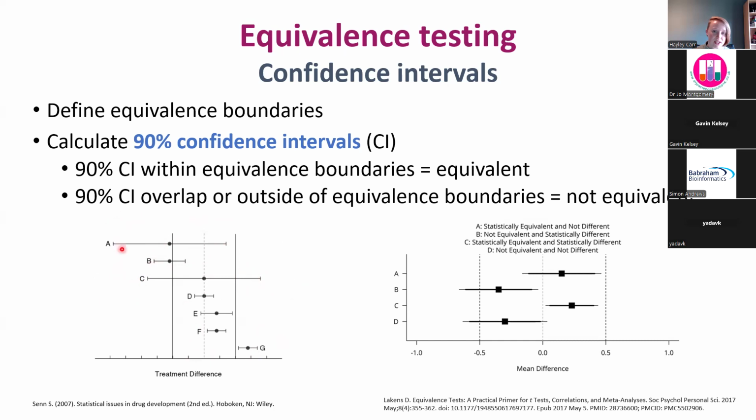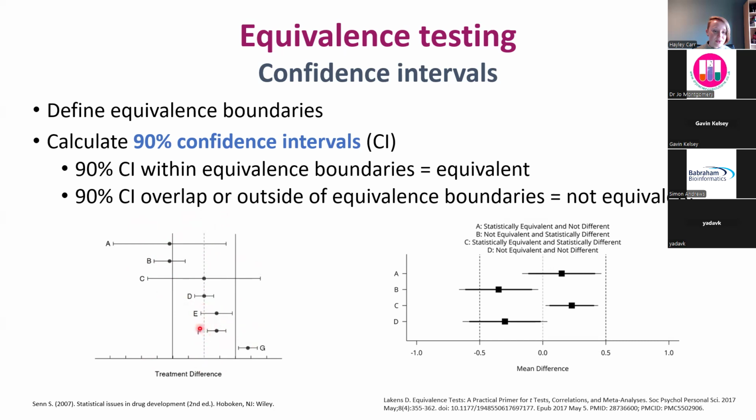You can see quite visually from the confidence intervals the ones that will or won't be significant. So obviously A, B, C, they all overlap the equivalence boundary, so they wouldn't be significant. D, E, and F would all be significantly equivalent. D actually has a difference of 0 and quite tight confidence intervals, so that is really convincing.